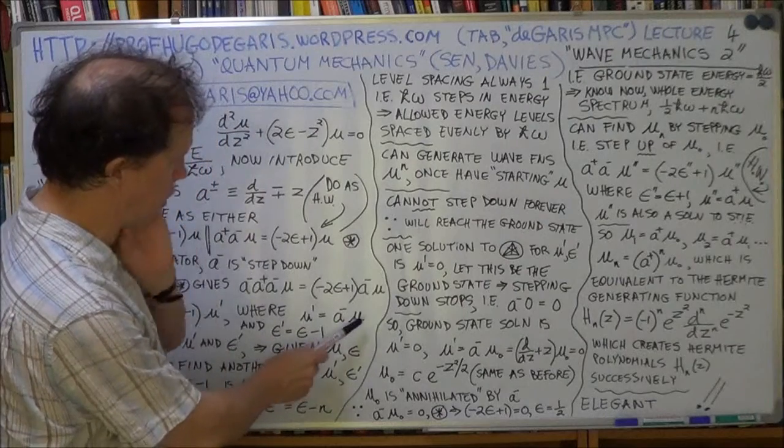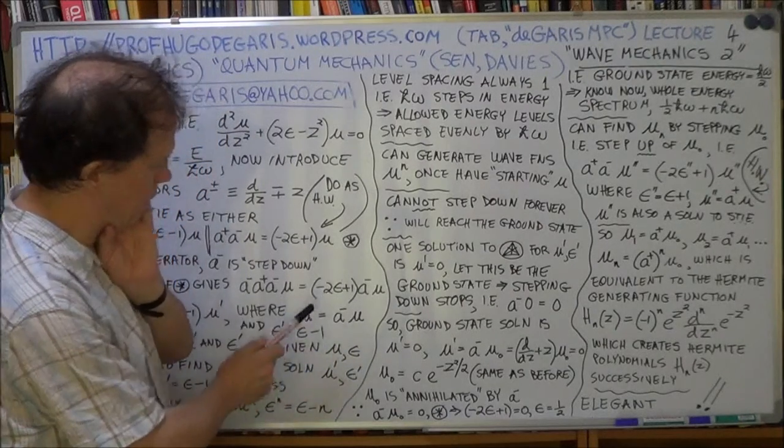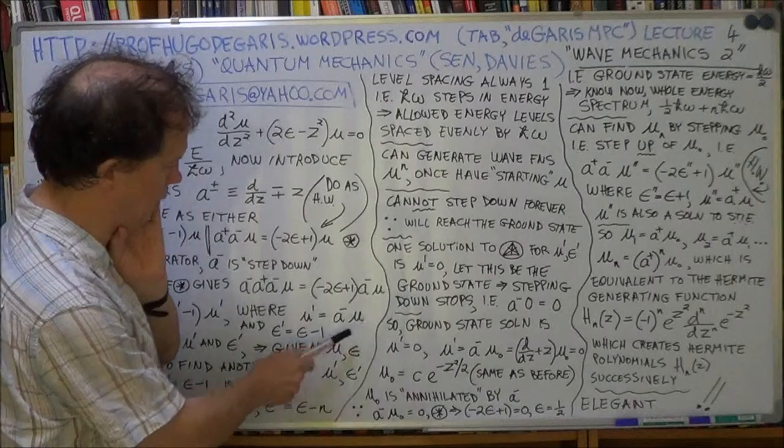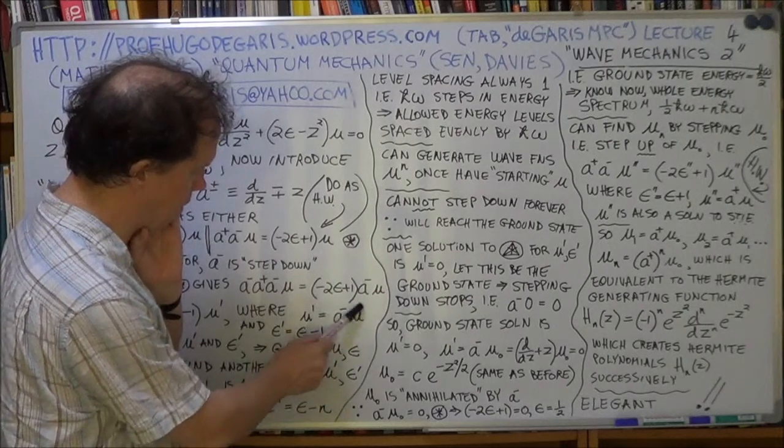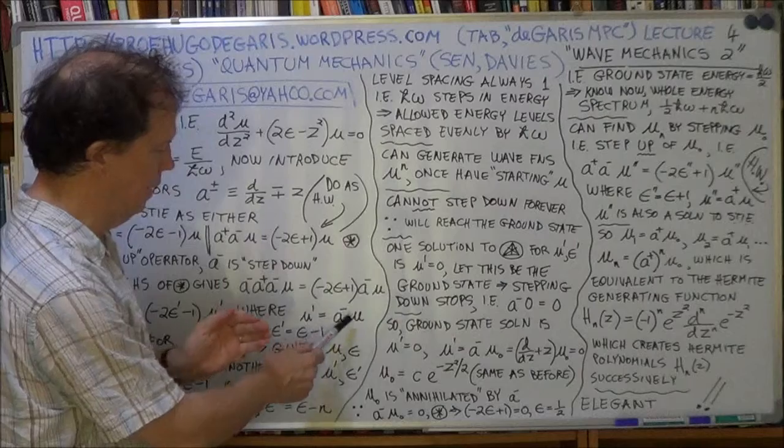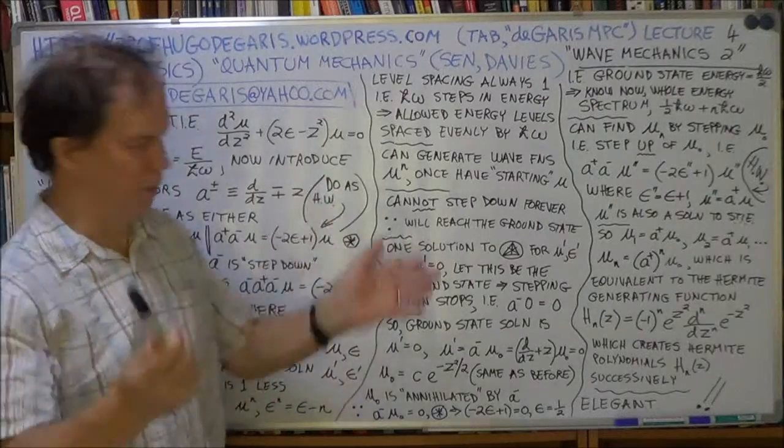You keep applying a minus to your u, and then a minus to that result, and then a minus to the result of the result, and so on.